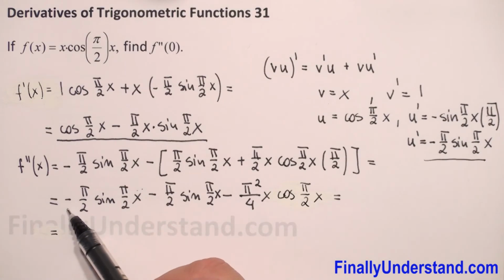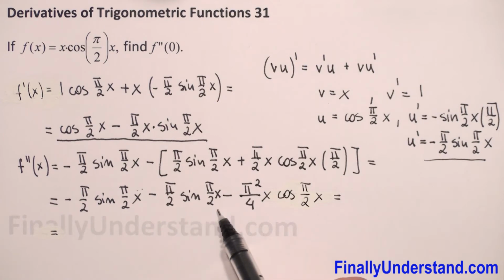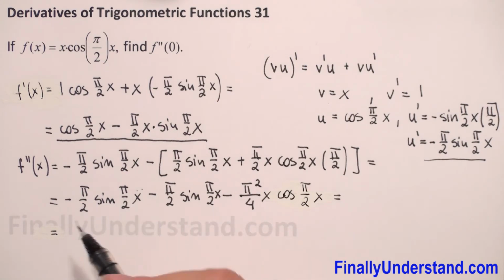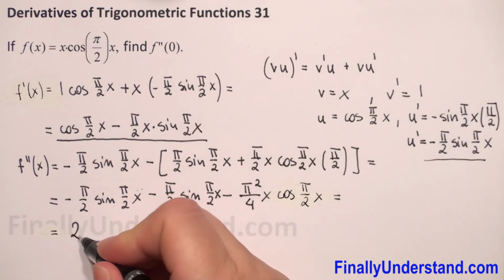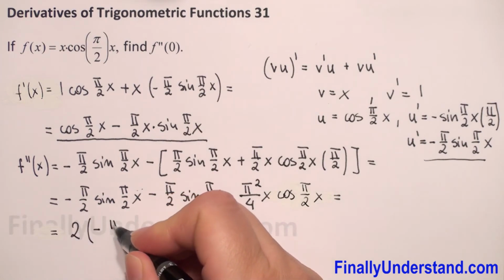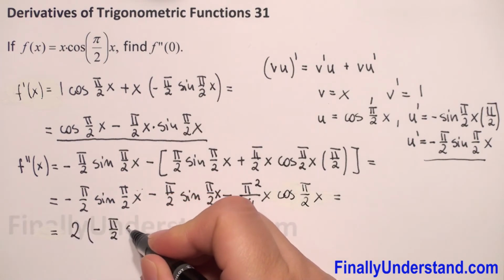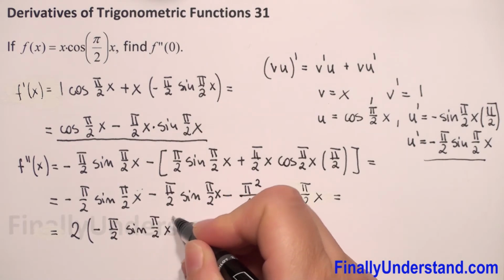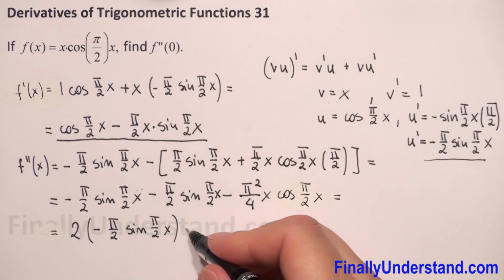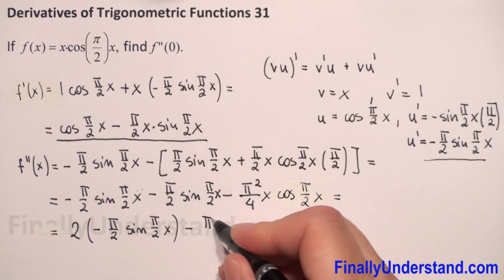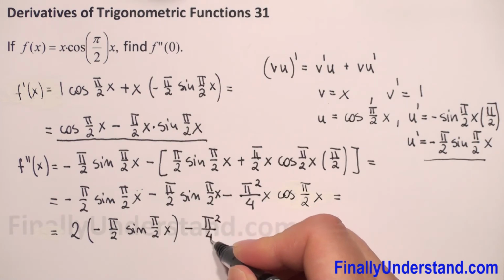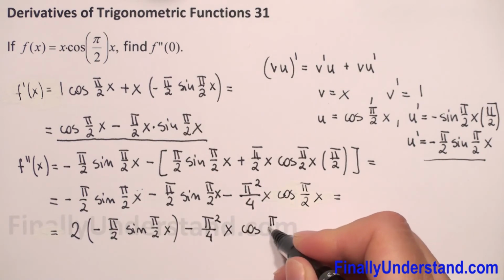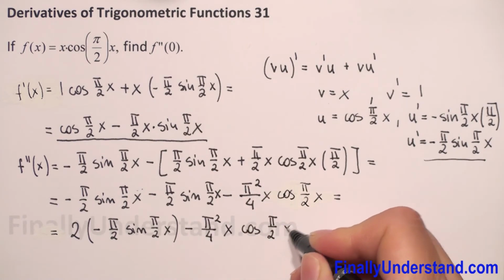This is equal to two negative expressions with pi over 2 times sine of pi over 2x. So we can write 2 times negative pi over 2 sine of pi over 2x, and we have negative pi squared over 4x cosine of pi over 2x.